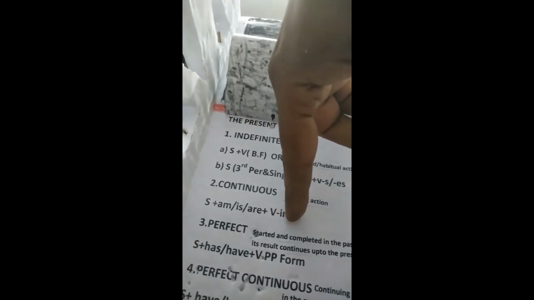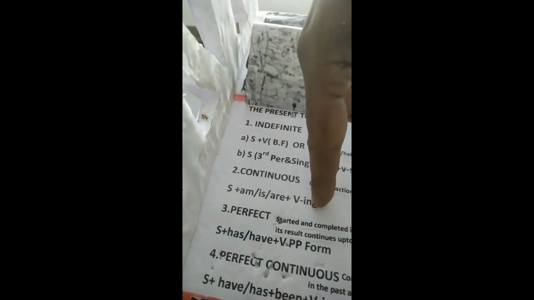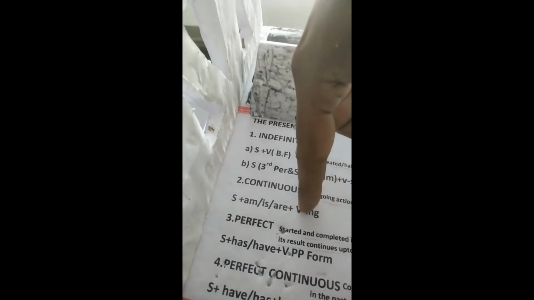In case of present continuous tense, the sentence structure will be like this: first of all, you have to write the subject, and according to the number and person of the subject, you have to use either am or is or sometimes are. Plus, you have to add ing to the end of the verb.